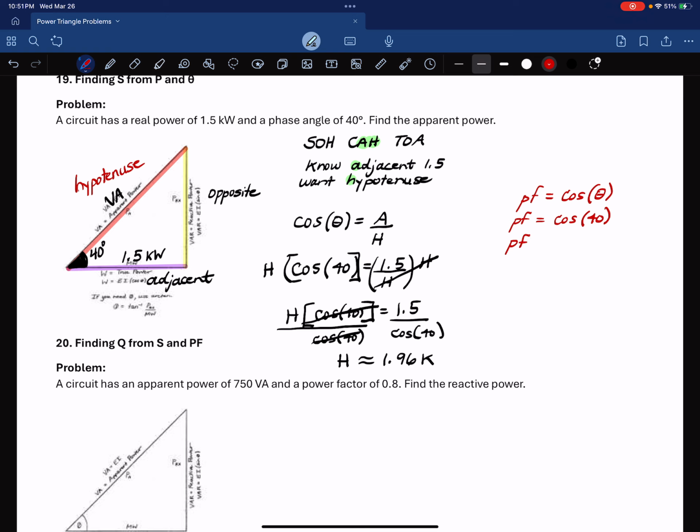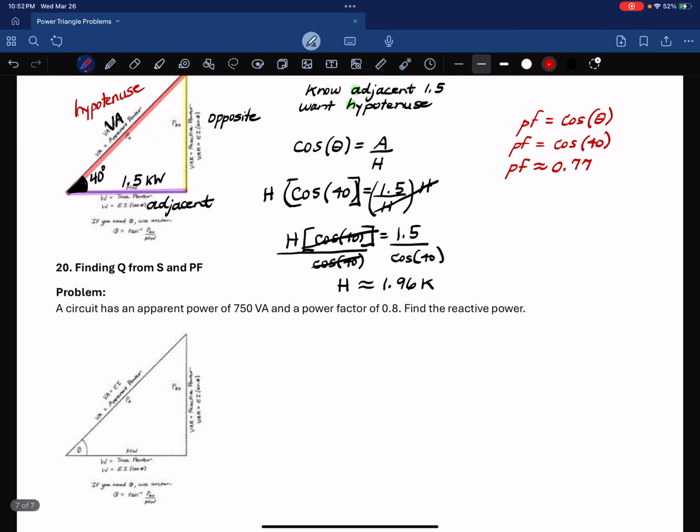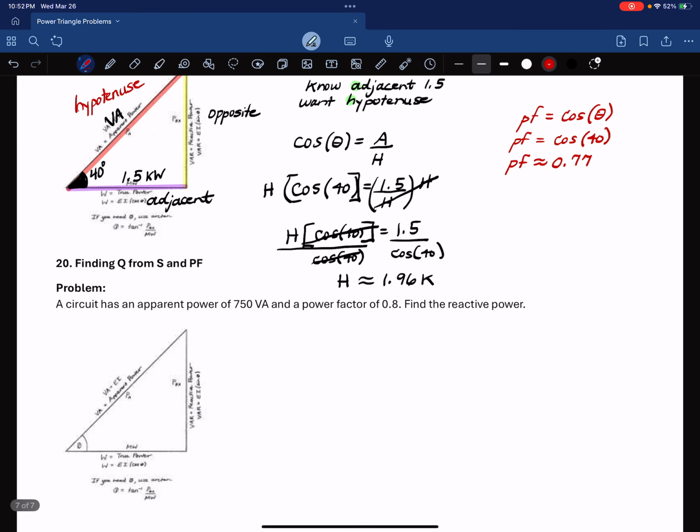Power factor would be, cosine 40 is equal to 0.77 approximately. So you can use that cosine feature to find power factor if you know theta. I don't see cosine often, so I wanted to show you that.